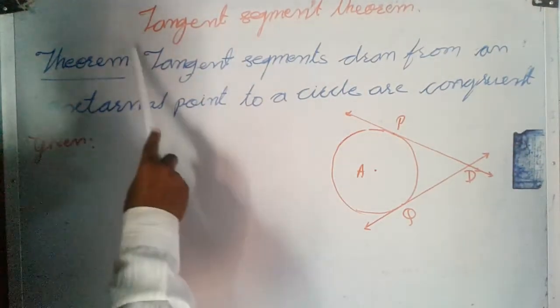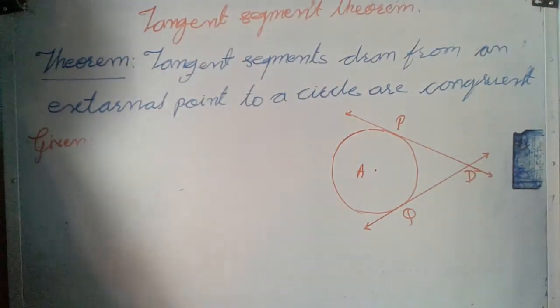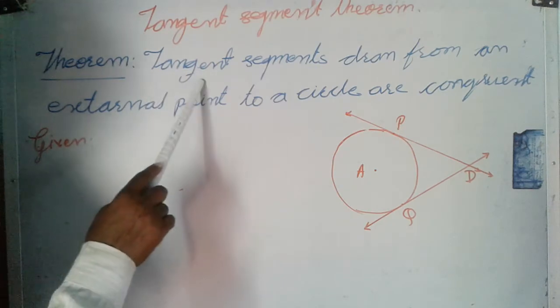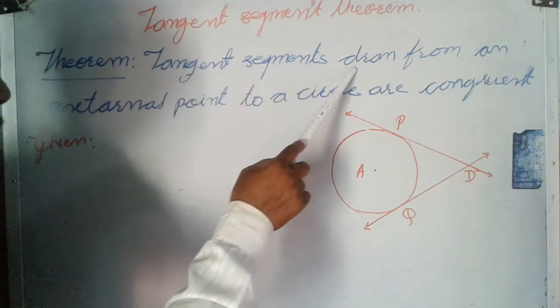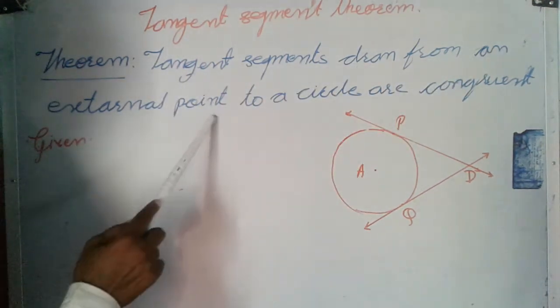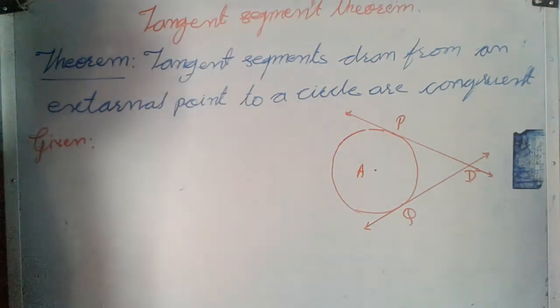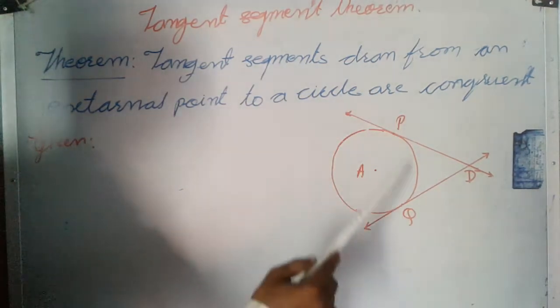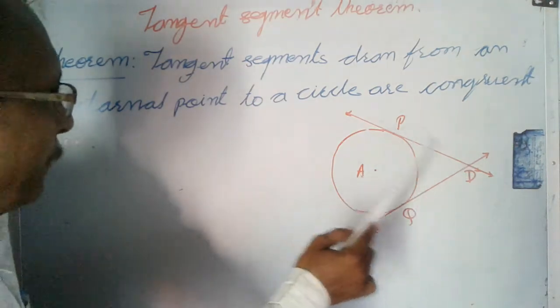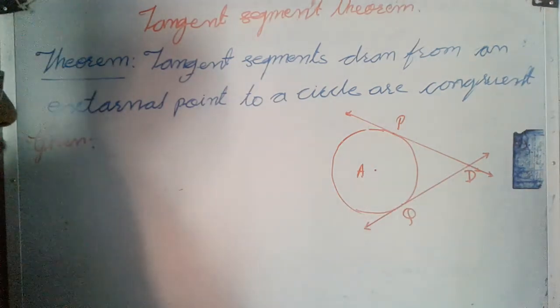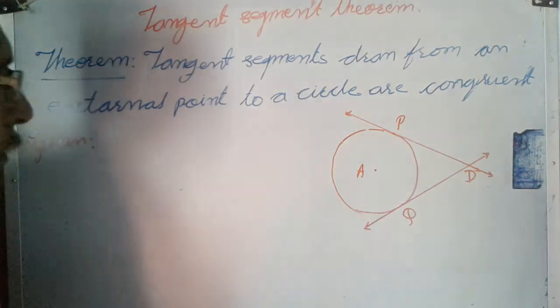Now here, tangent segment theorem. The statement of the theorem is: tangent segments drawn from an external point to a circle are congruent. That means these are tangent segments, DP and DQ. We have to prove that these two segments are congruent.